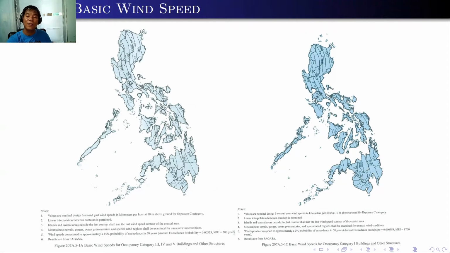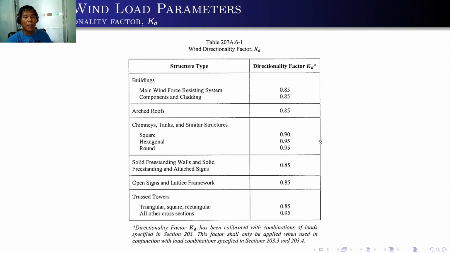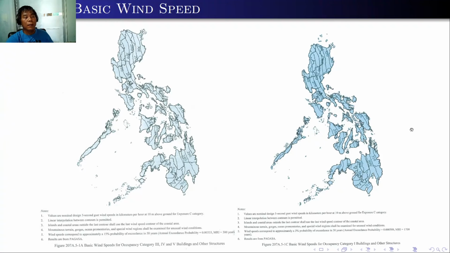And as you can imagine, those islands or areas near the Pacific Ocean have a higher wind speed, around 310, 320, I think. But for the other categories, occupancy category 3, 4, and 5, it has a lower wind speed.